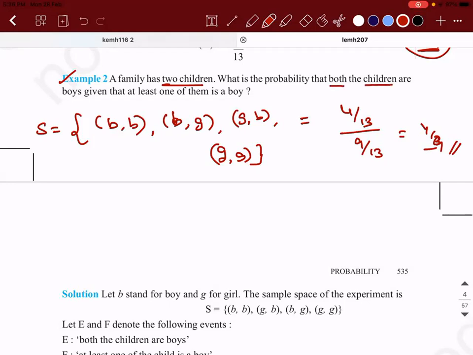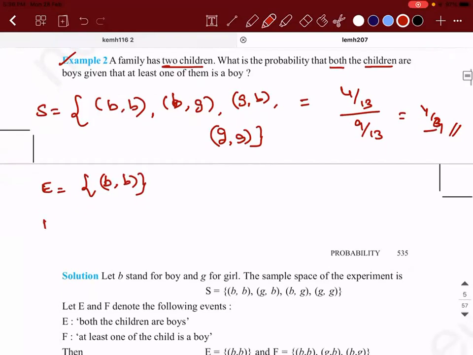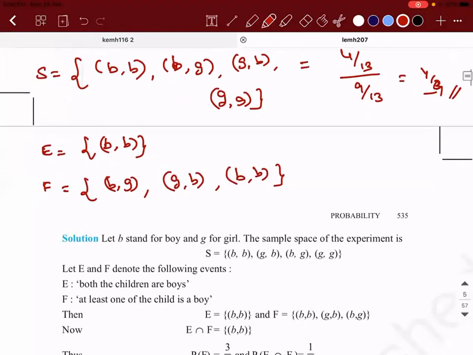So what is the probability that both are boys, B comma B, given that at least one of them is a boy? So F is equal to what? Boy girl, girl boy, right?